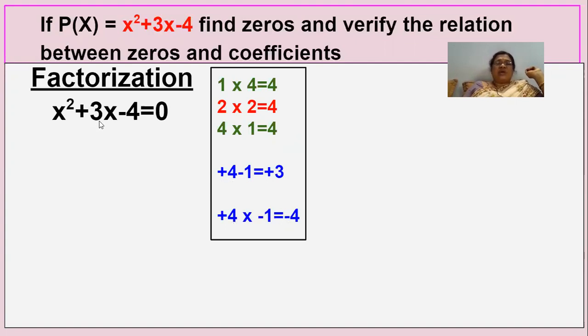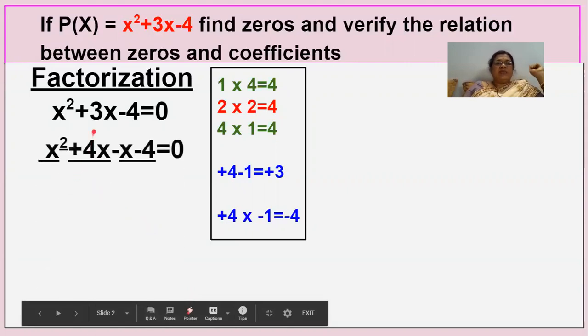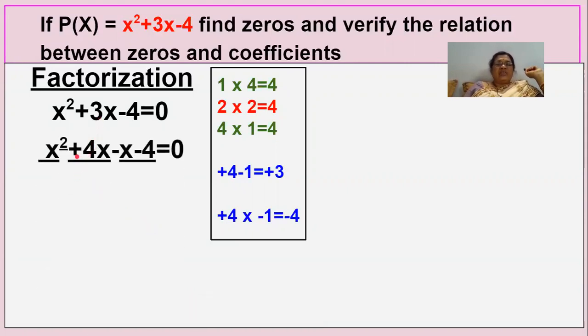So let us divide the middle term like this. See here, the middle term I have written like plus 4x minus 1x. So as usual you'll get plus 3x. So I've grouped the first two terms and the next two terms.